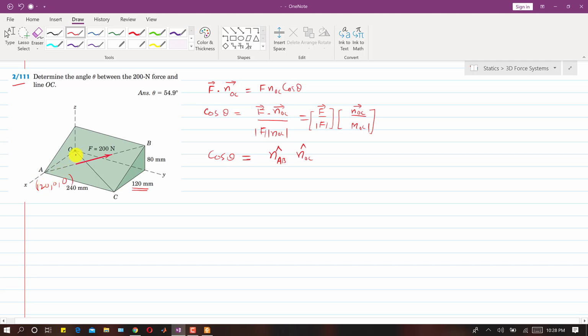There is no need to travel in the y and z direction. Similarly for point B, we travel 240 mm along y and 80 mm along z, and there is no need to travel in the x direction, so this is 0. So these are the coordinates of points A and B.